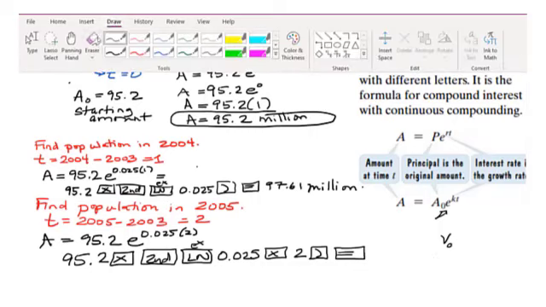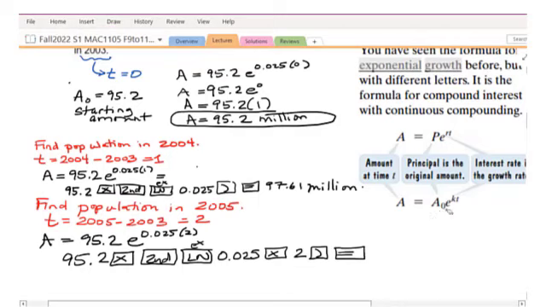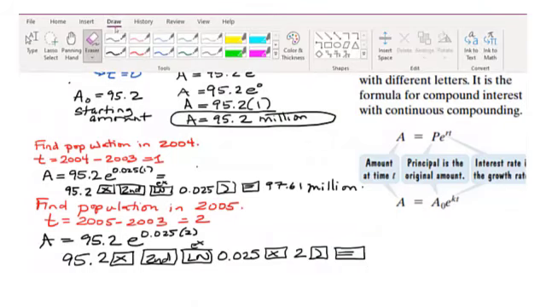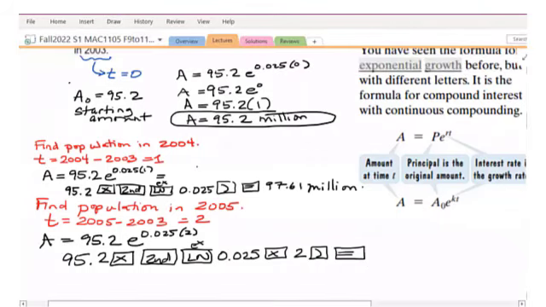It also distinguishes the amount here from the amount on the other side of the equation. Those are two different amounts. One reason it has a sub 0 is because it's the amount at time t equals 0. That's why we use that sub 0 there.